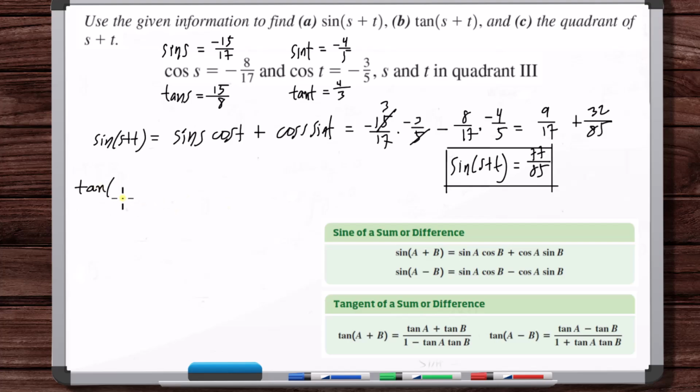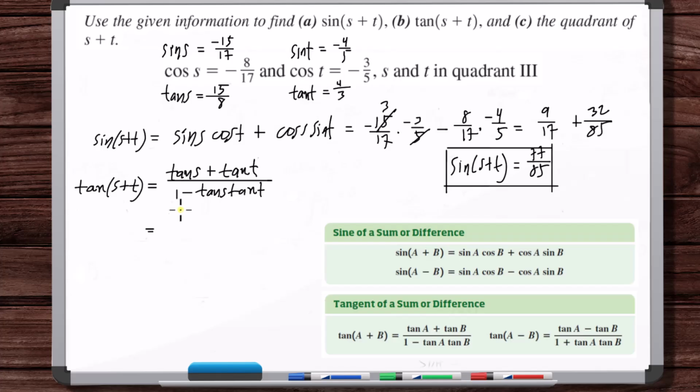All right. So tangent s plus t is equal to tangent s plus tangent t over 1 minus tangent s tangent t.